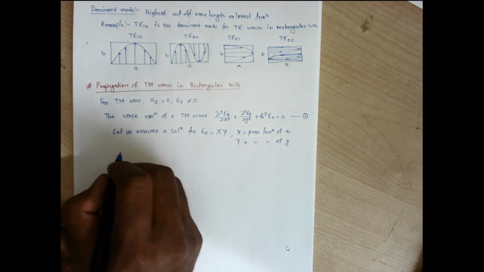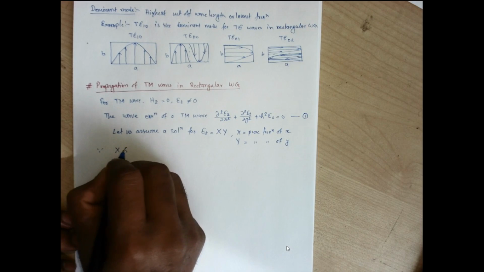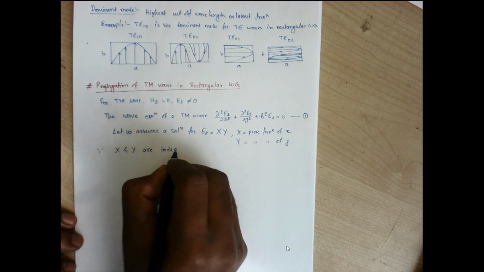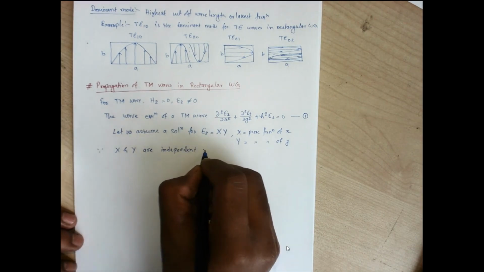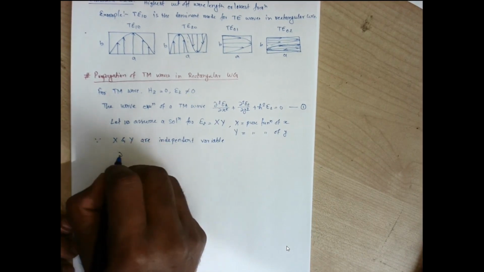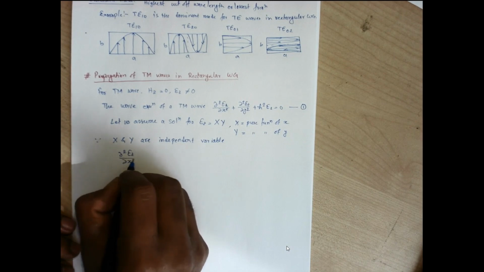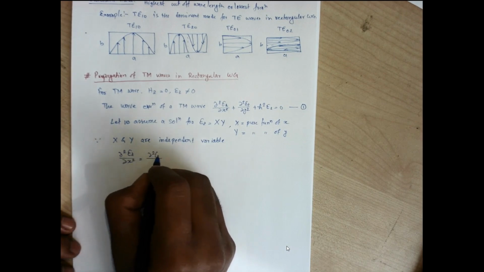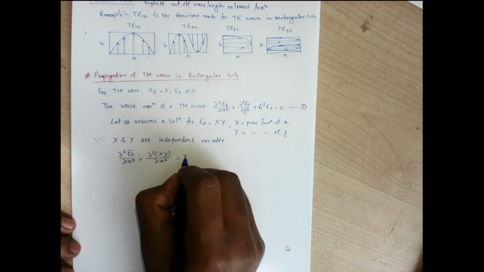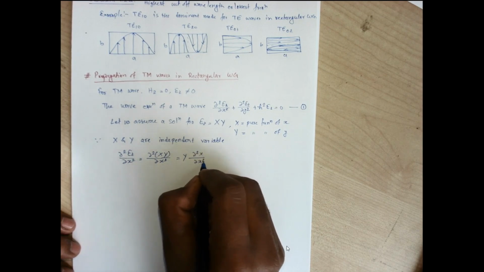So since X and Y are independent variables, we can write del 2 Ez by del x2, it is del 2 XY by del x2, it is Y into del 2X by del x2.